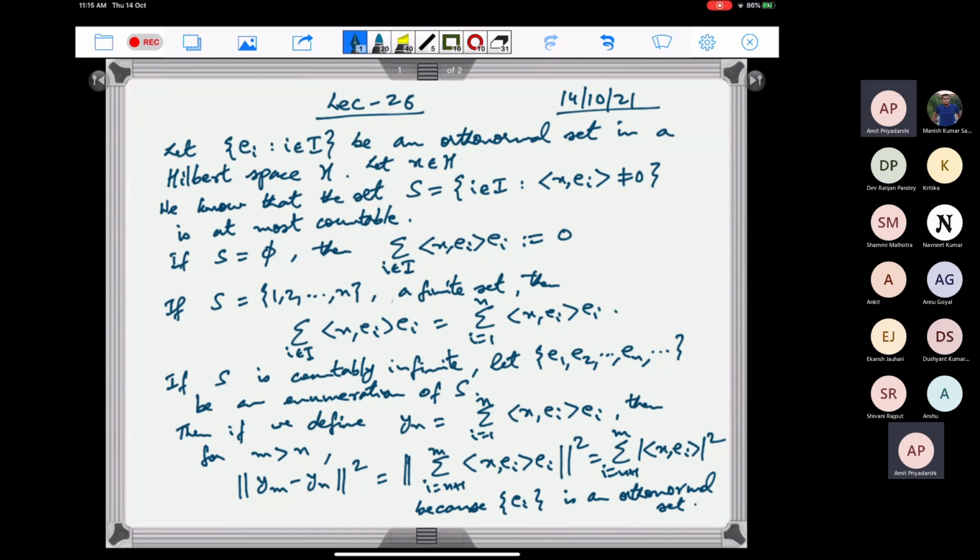And if S is countably infinite, then this is an enumeration of the set e_i such that i belongs to S. We know that this is a countable set, so we can write this as e_1, e_2, ..., e_n and so on, and then we do this.